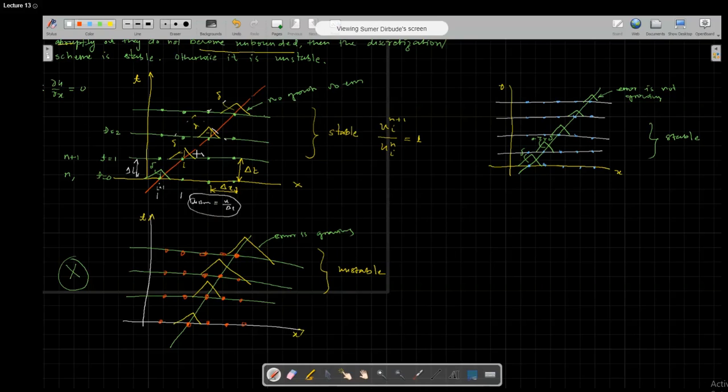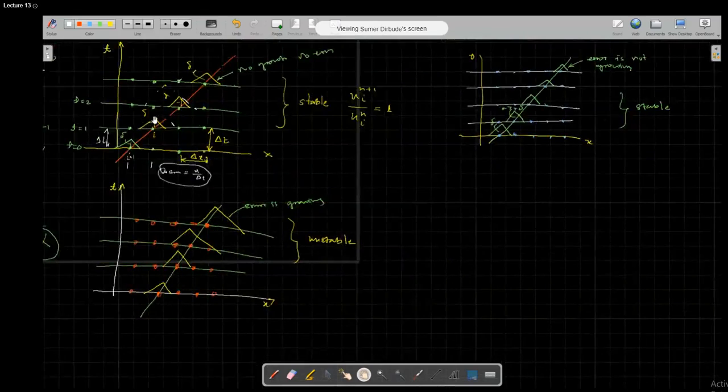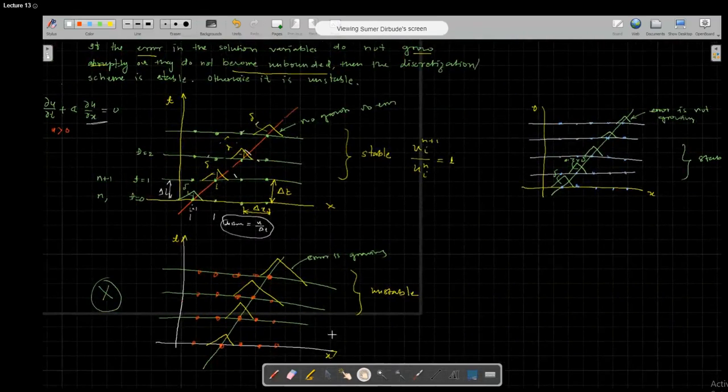So let us look at this condition. The governing equation for this is our wave equation. We'll write again here that wave equation: del u del t plus a del u del x equals 0, and we'll now describe this by a scheme: ui n plus 1 minus ui n divided by delta t plus, now which scheme should we use?